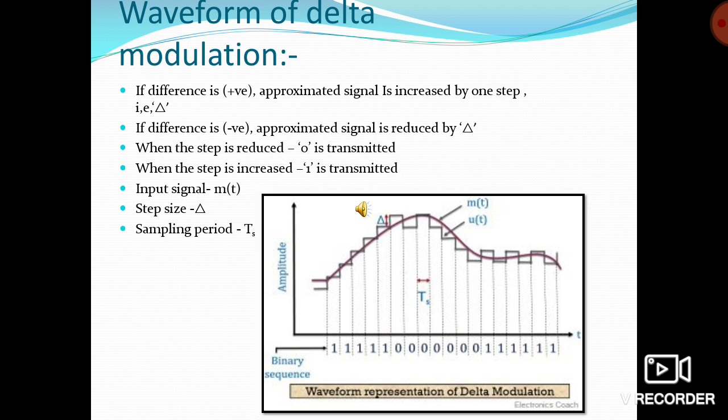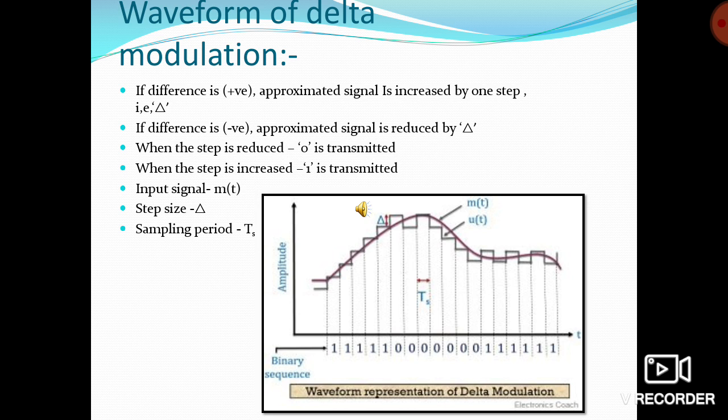Input signal m(t) is approximated to a step signal by the delta modulator. Here the step size del is kept fixed. The difference between the input signal m(t) and the staircase approximated signal is confined to two levels, plus del and minus del.